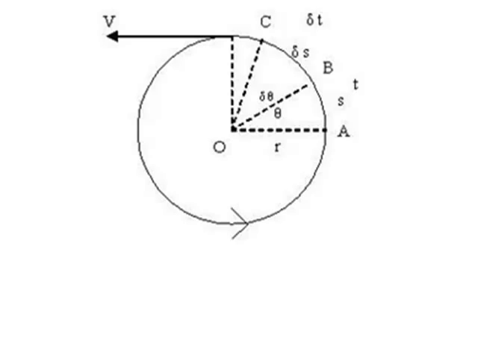When the angular velocity is not changing, or when the magnitude of linear velocity v is not changing, then the body is said to be moving with uniform circular motion.